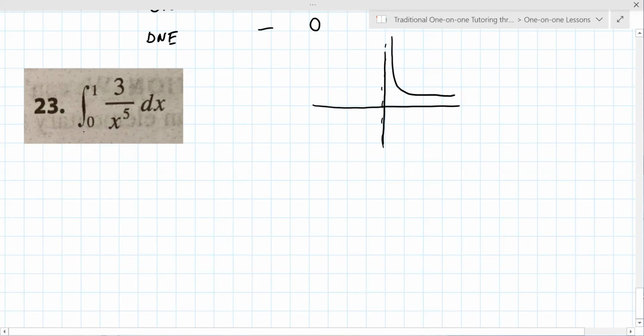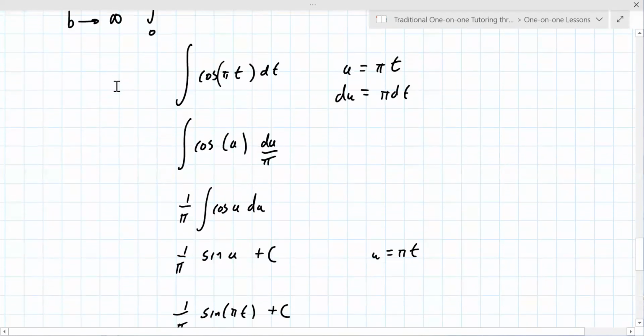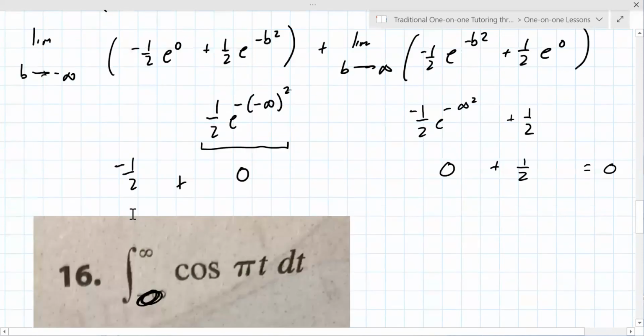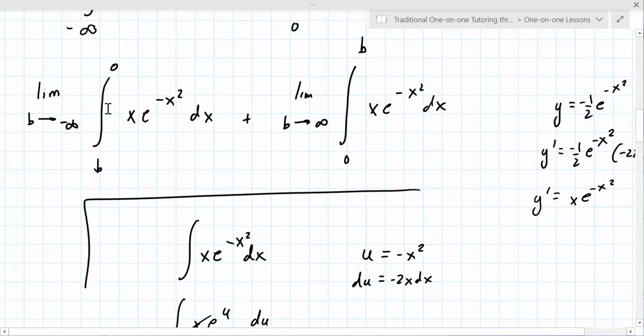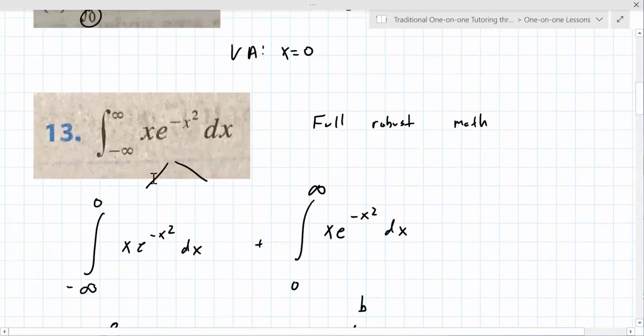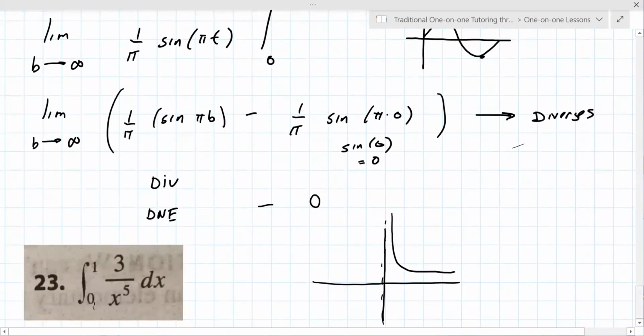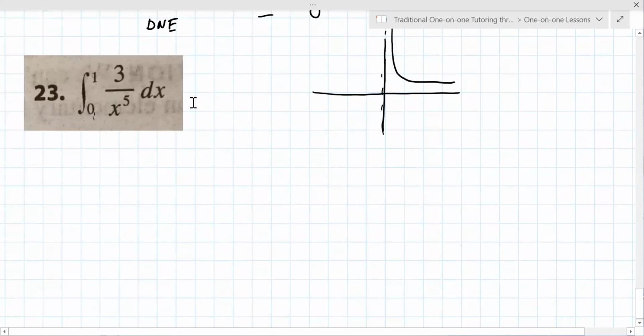And that's how you decide which bound to make the b. In the previous problems, I didn't even bother to mention that, but infinity is always a limit, and minus infinity is always a limit. But in this problem, there's no infinity. You might think that's no big deal, but you still need to do this limit business because there's a vertical asymptote at x equals 0. So that's how you decide.